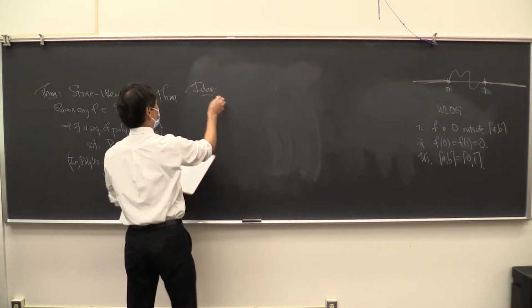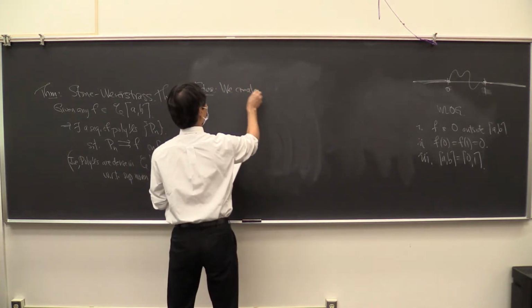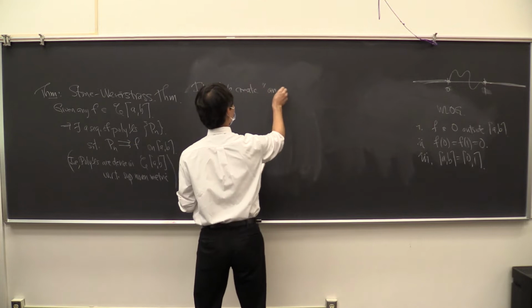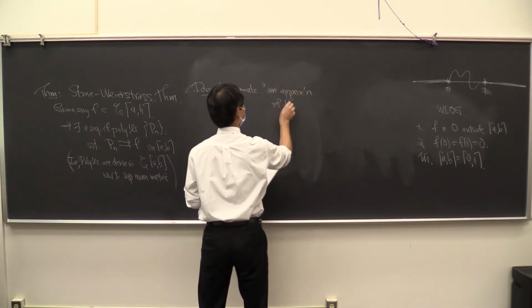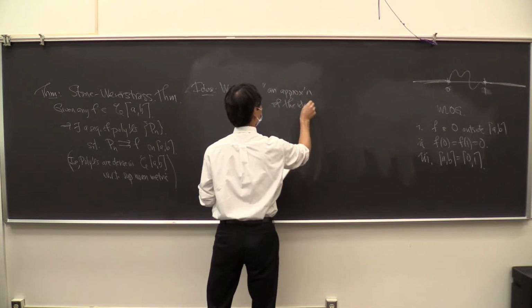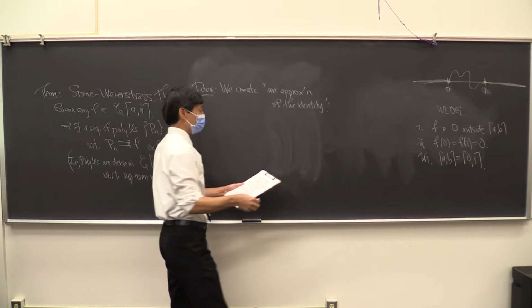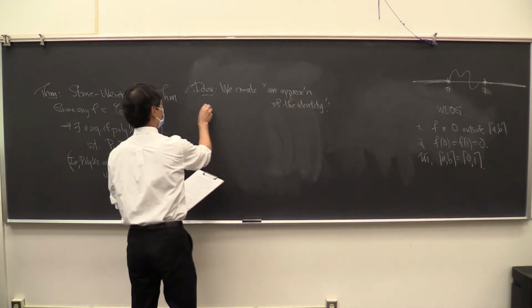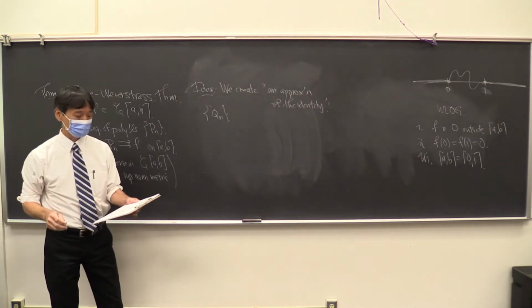The idea is we create what's called an approximation of the identity, which will be a sequence of functions that we're going to call Q sub n.